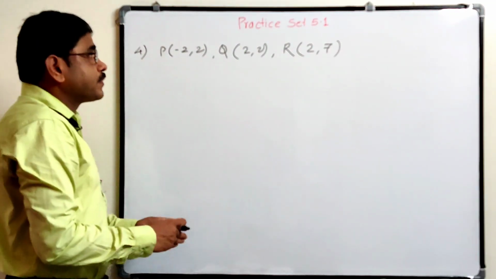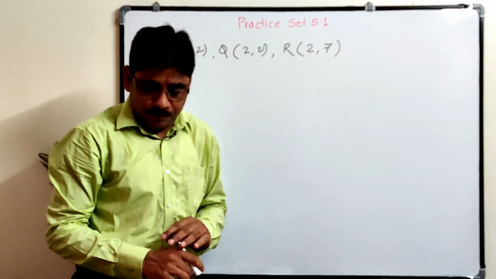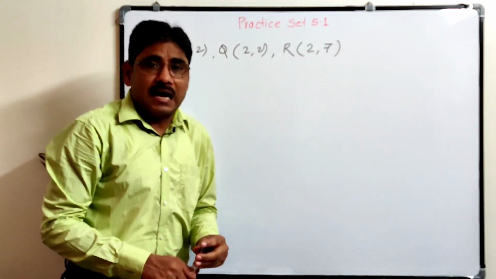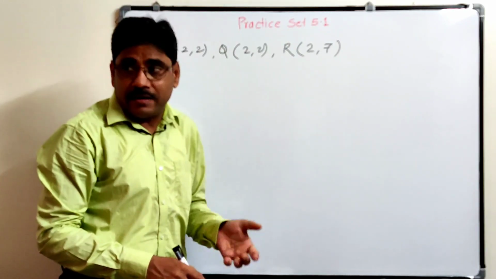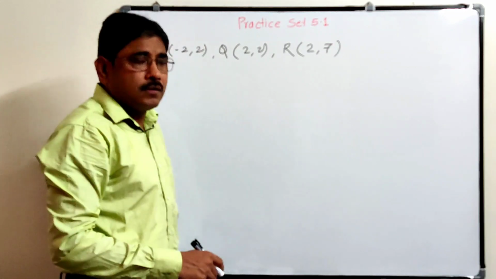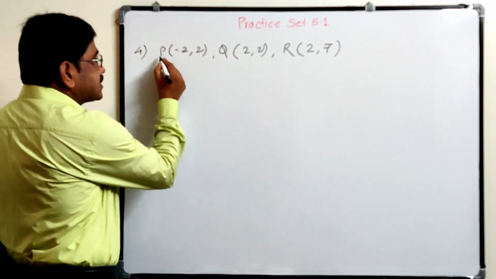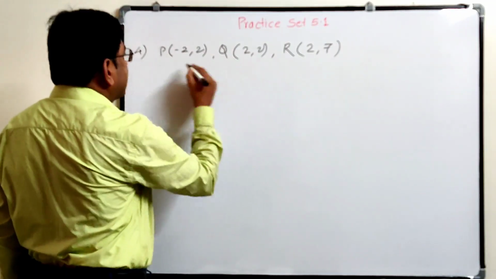So here these are the vertices of a triangle. Then what we have to prove? Verify these are the vertices of a right angle triangle. तो right angle triangle के लिए क्या कंडीशन है मैंने बताया. So first find distance PQ, distance QR and PR.